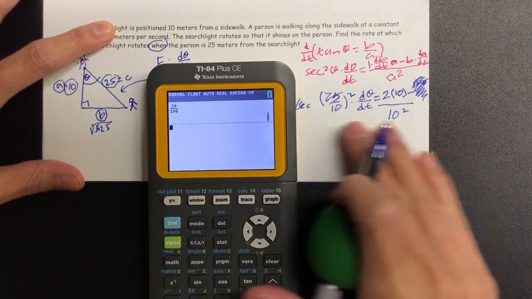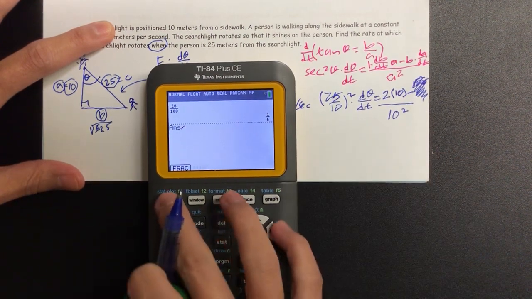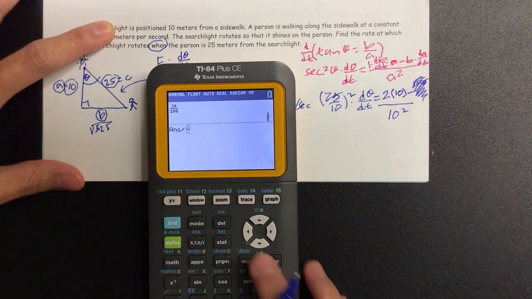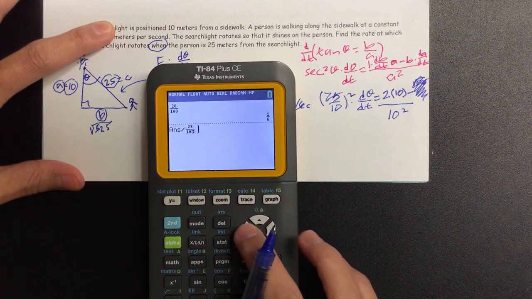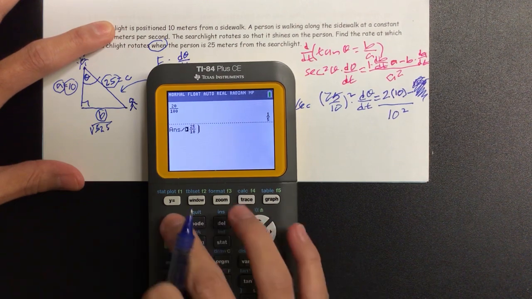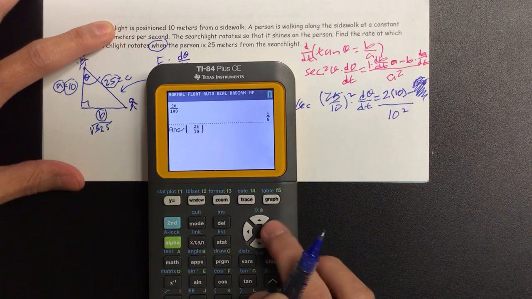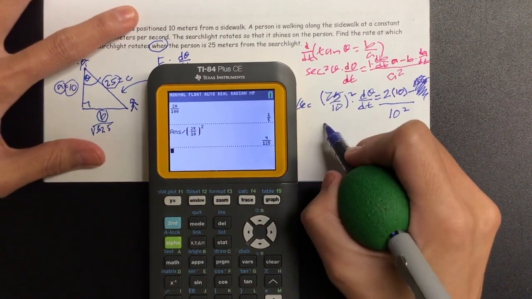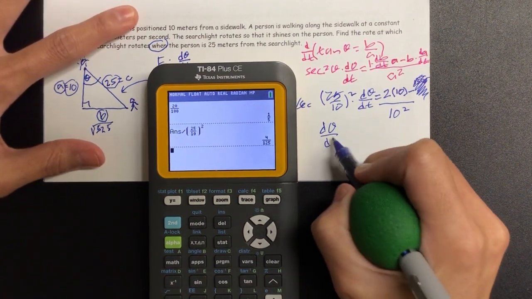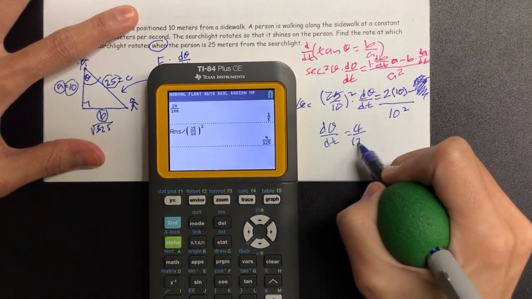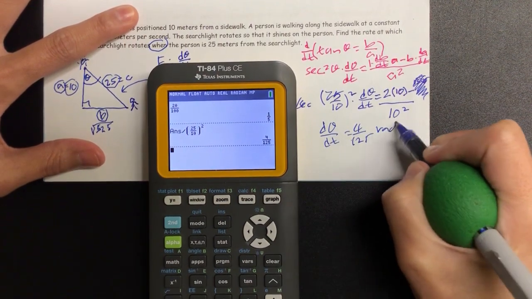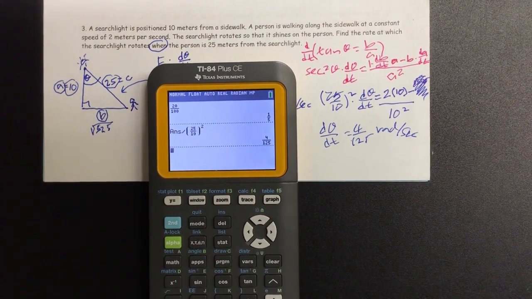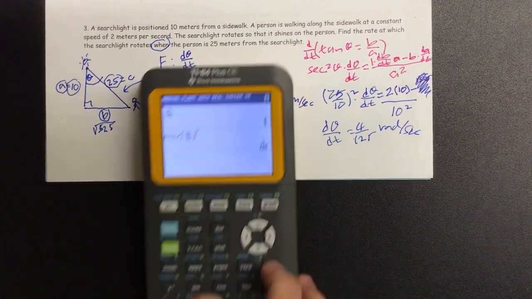And I'm going to take that number and divide it by 25 over 10, all squared. And that's going to give us the rate of the angle is 4 over 125. And it's in radians per second because we're looking for the theta.